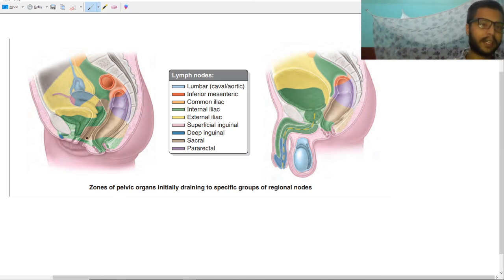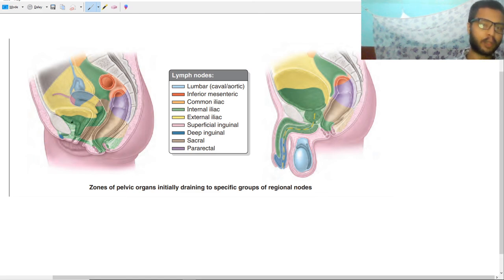So: superolateral uterus near attachment of round ligament, skin of perineum including vulva, ostium of vagina inferior to hymen, prepuce of clitoris, perianal skin, anal canal inferior to pectinate line, okay. And above the pectinate line, the anal canal drains into this green color, follow this green color, internal iliac lymph nodes, okay.